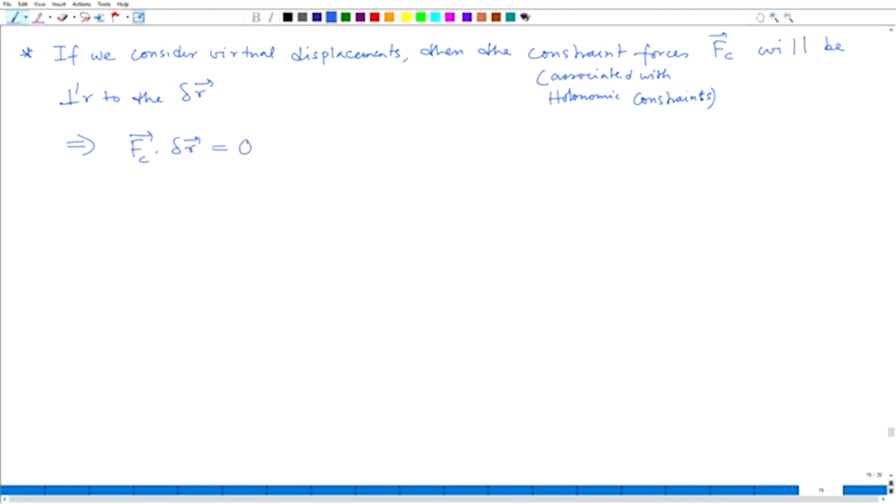So, if we consider virtual displacement, then the constraint forces will be perpendicular to it, and that is important, both for cleronomic and rheonomic holonomic constraints.